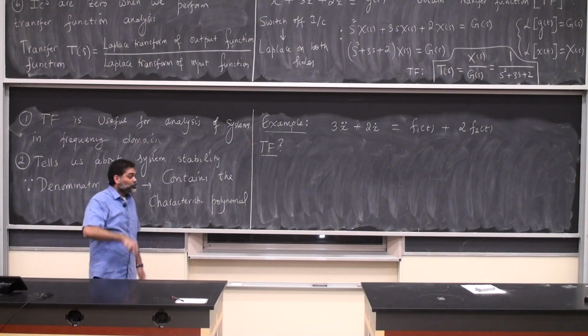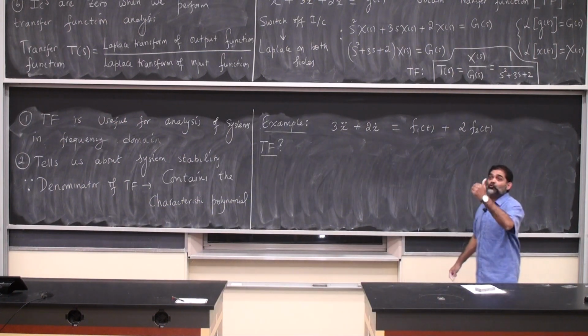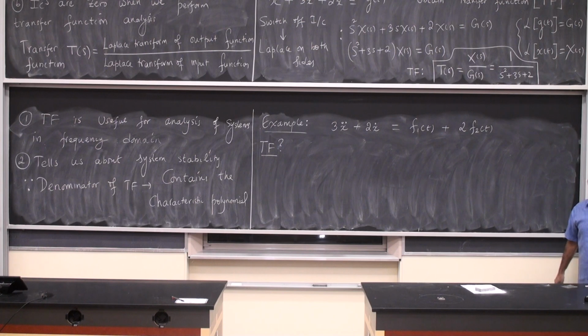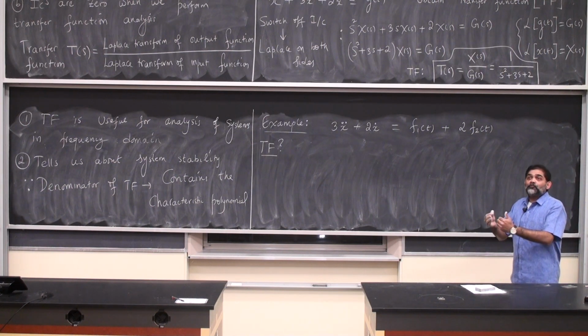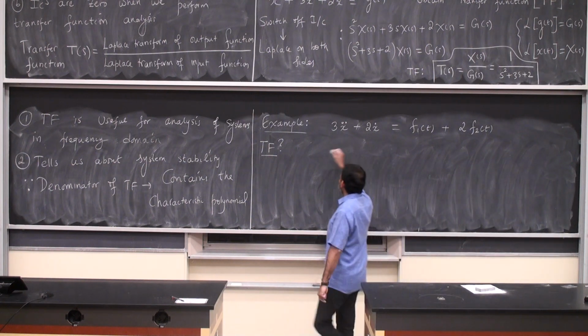Because the system has two inputs, we have to define two transfer functions. The first transfer function is for just the effect of f1 of t. The second transfer function is for the effect of 2 times f2 of t. So you break the system down, superposition.